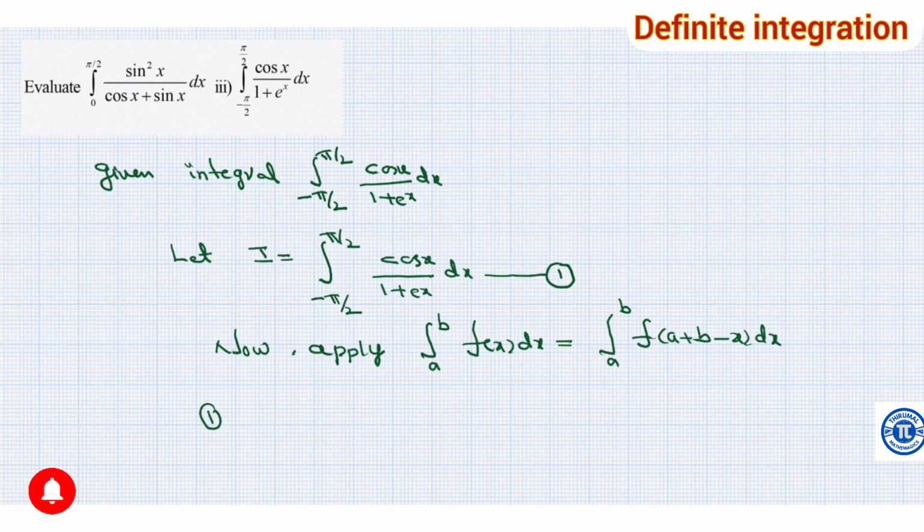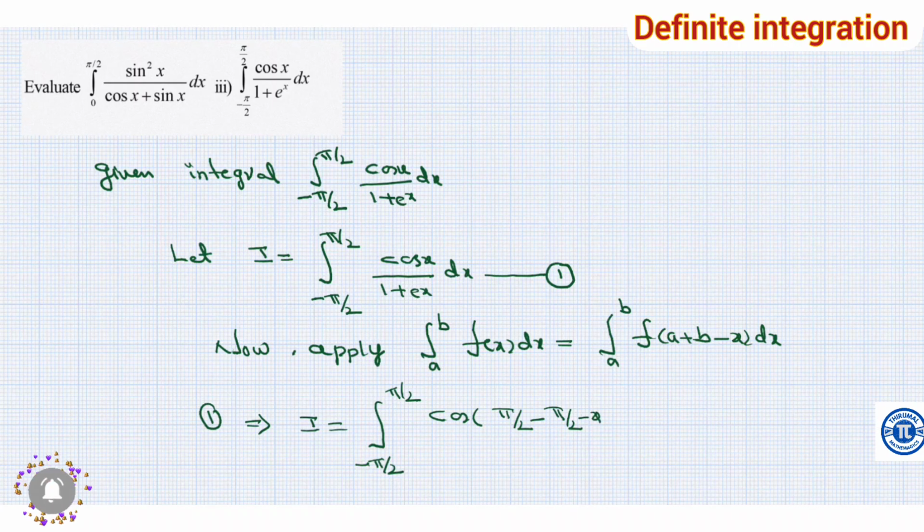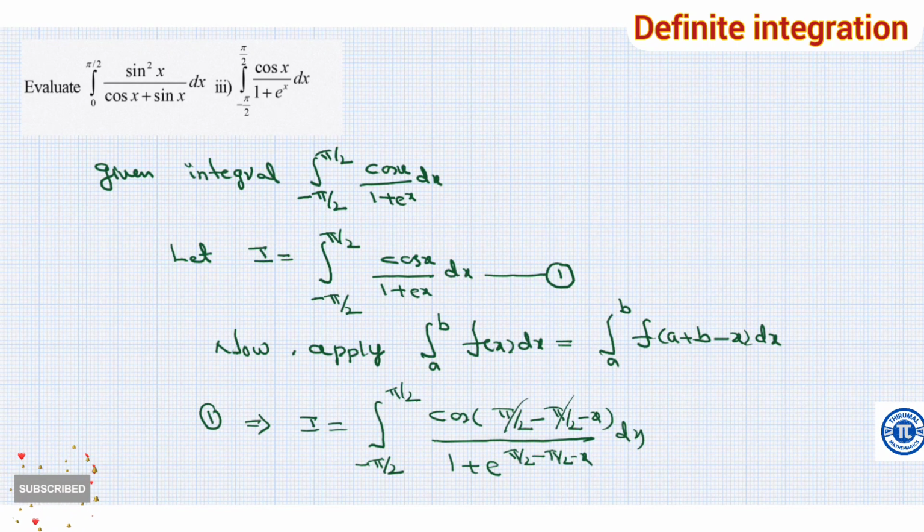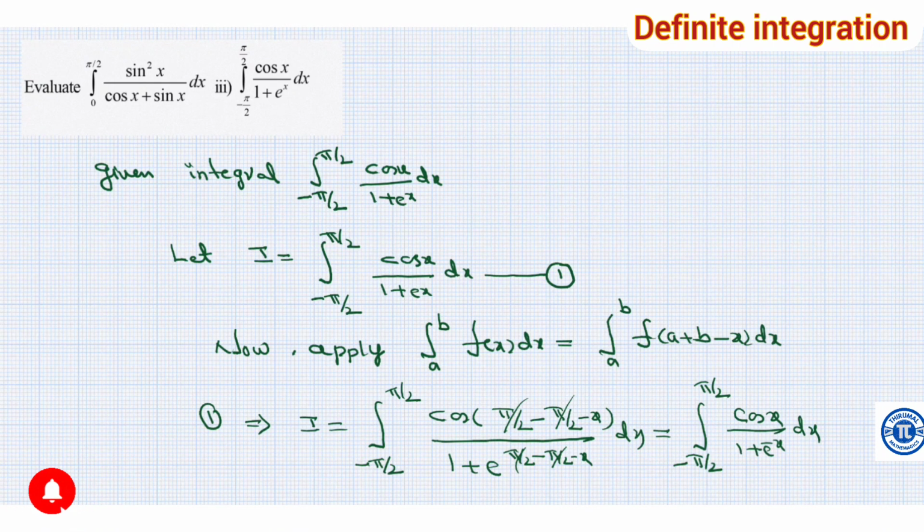So equation number 1 gives I equal to integration from minus pi by 2, okay, so cos of pi by 2 minus pi by 2 minus x in the numerator, and in the denominator 1 plus e power pi by 2 minus pi by 2 minus x, dx. Here pi by 2 plus pi by 2 cancel, here also cancel, is equal to integration minus pi by 2, cos of minus theta is cos theta, so cos x by 1 plus e power minus x dx.